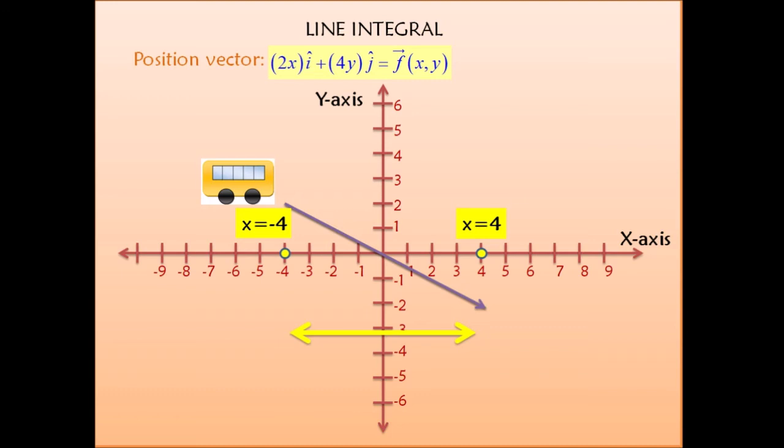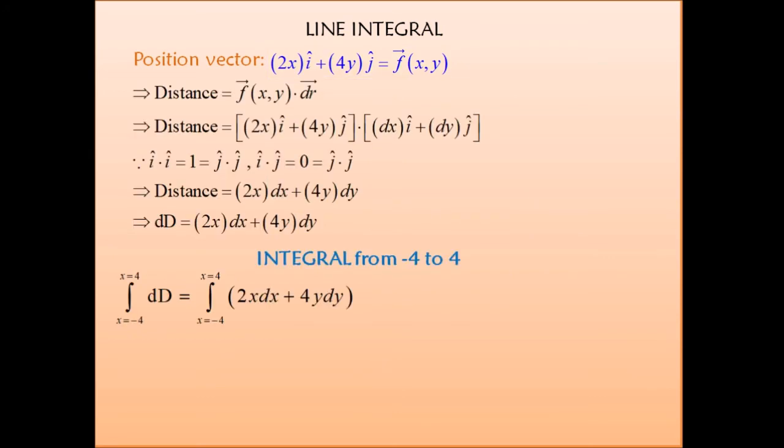So numerically we will write it as the integral from x equals minus 4 to x equals 4 of dt, and we have just written 2x dx plus 4y dy in place of dt.